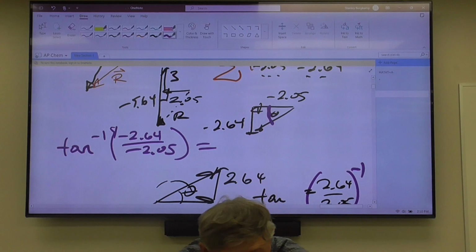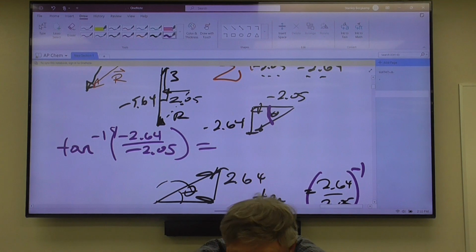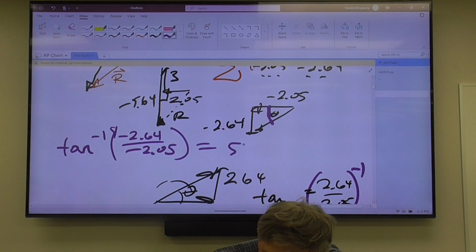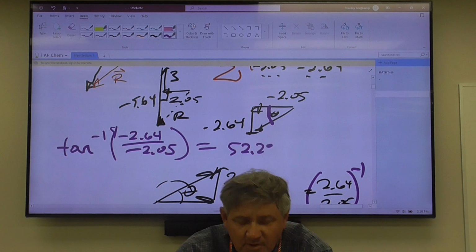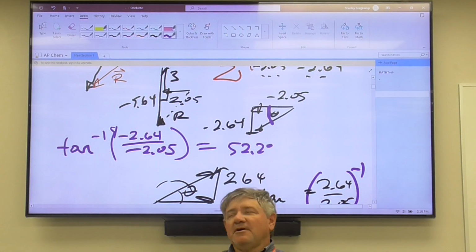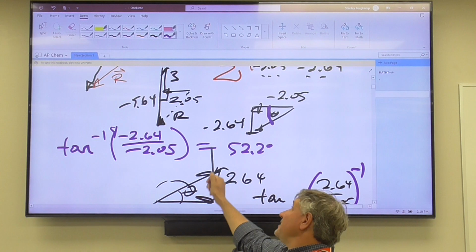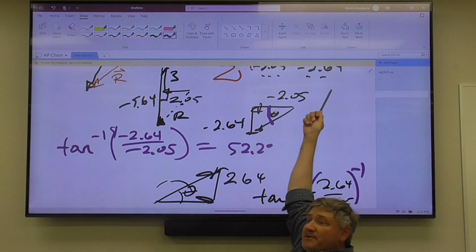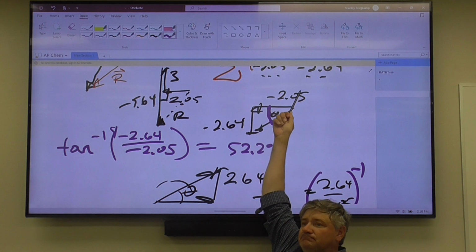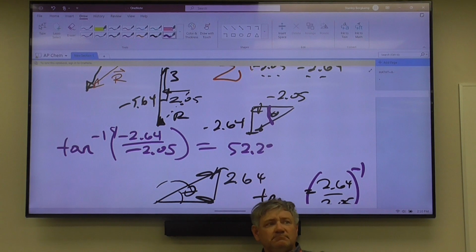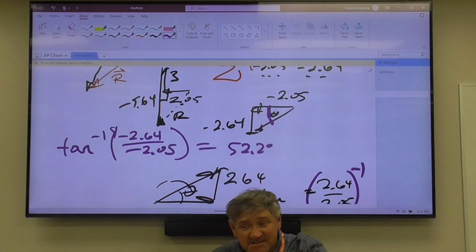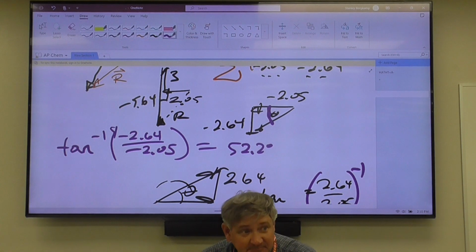What does your calculator say the answer is? 52.17. 52.2 degrees. So according to your calculator, the resultant of these vectors is up here. Seem reasonable? No. This is why you make a sketch.